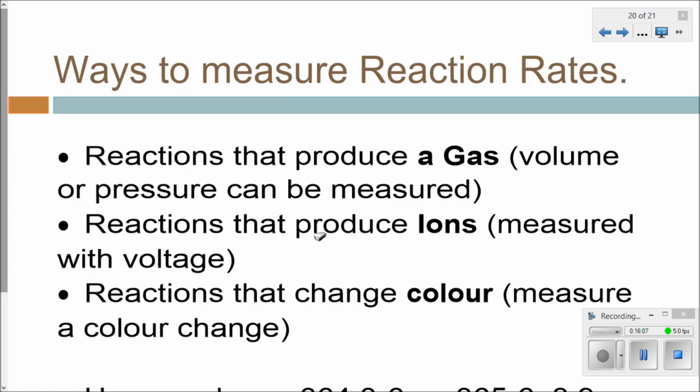And finally, you can use something called colorimetry, which is the measuring of the intensity of a color. If a product is a certain color, then it's going to increase in intensity at a given rate, and therefore you can figure out the rate of reaction. If it's a reactant, it's actually going to decrease at a specific rate. It will decrease in intensity in color.